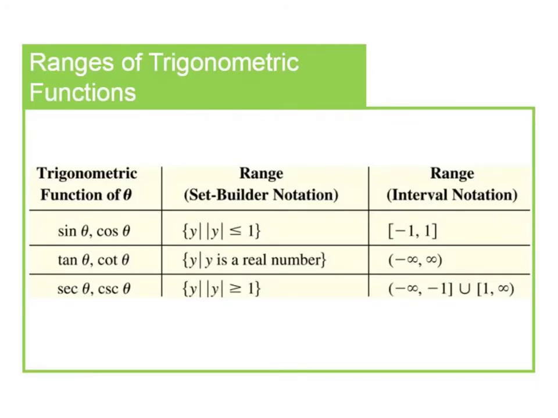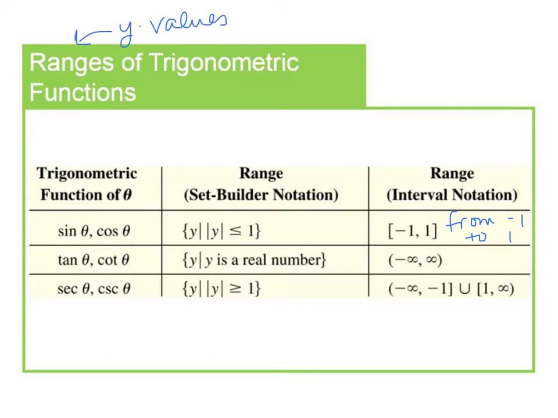The next thing that's important to understand are the ranges of our trig functions. Remember, the ranges are just the y values that are allowed within those functions. For sine and cosine, our range is from -1 to 1. So I'll write that out. From -1 to +1.